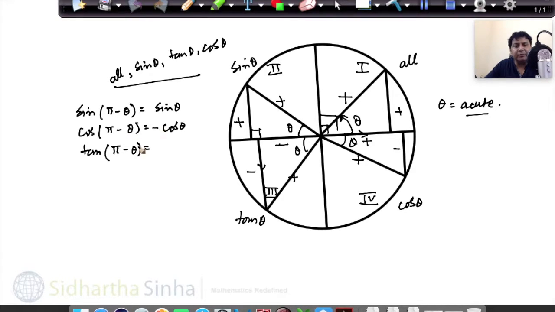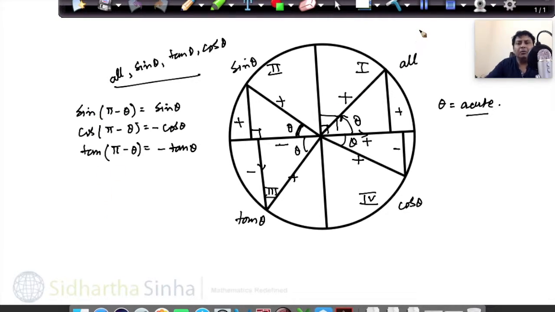It's negative, so it will be minus cos theta. Tan will remain tan theta only because the angle is with the x-axis. You will understand this more when I talk about the y-axis. Right now the angle is with the x-axis, so in that quadrant it's minus.